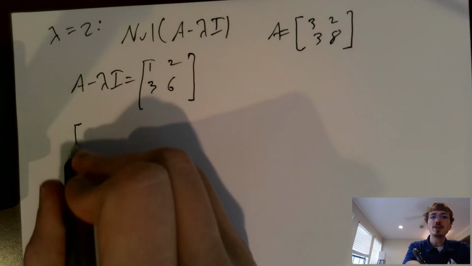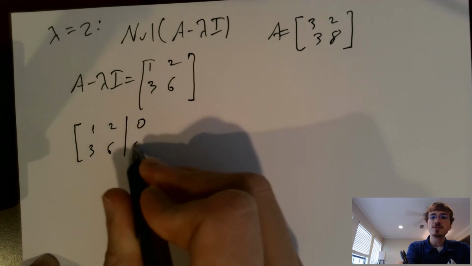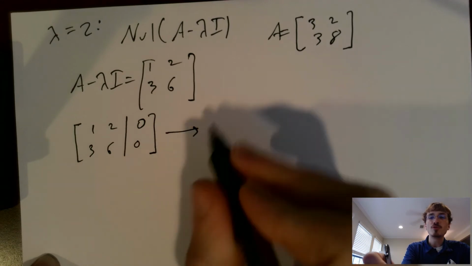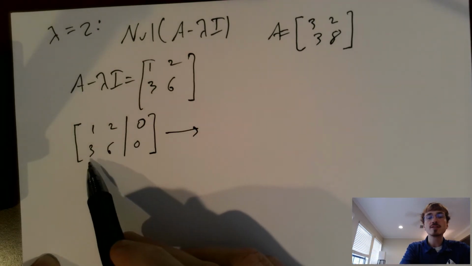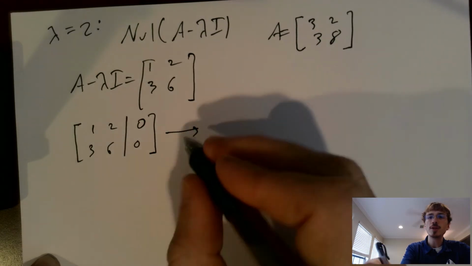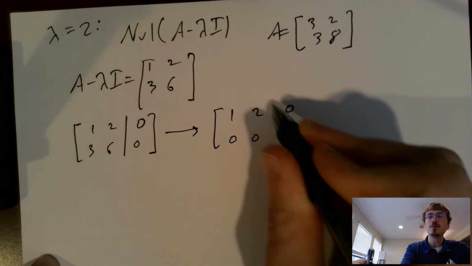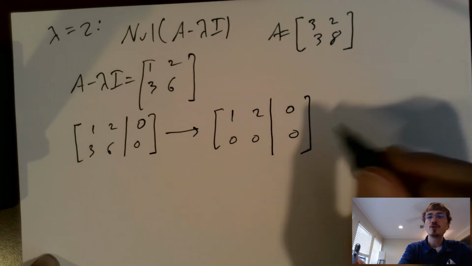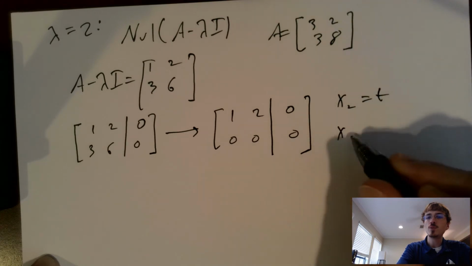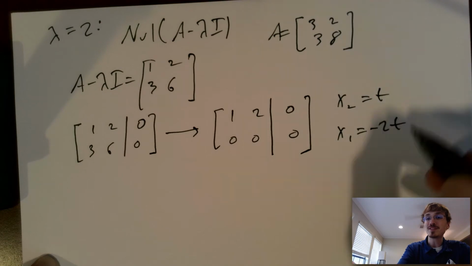Well, we take our matrix and we augment with zeros, of course. We perform a single row operation: take row 2 and subtract 3 times row 1, and we get 1, 2, 0, 0, 0, 0. I have one free variable. Let's call it t. x1 is now negative 2 times t. So what's a basis for this eigenspace?